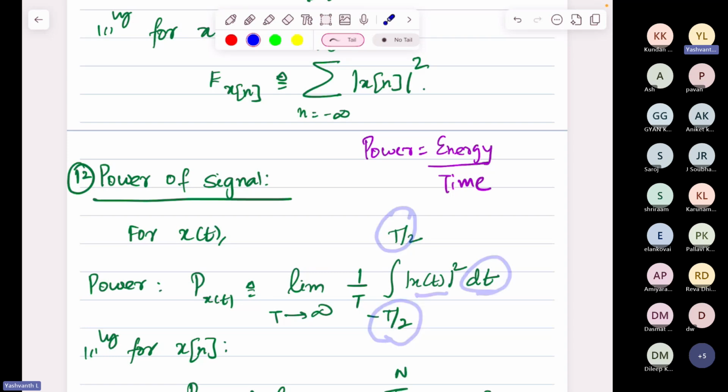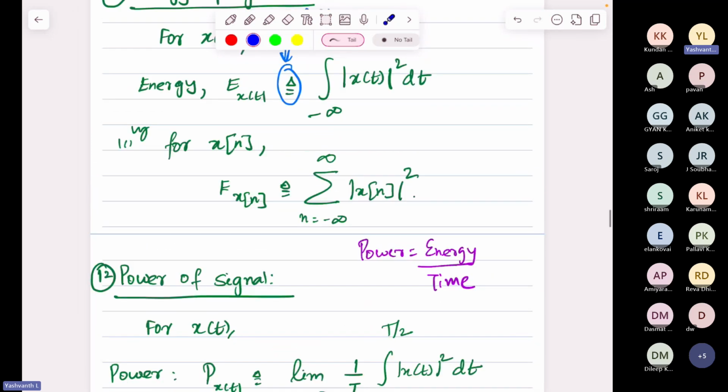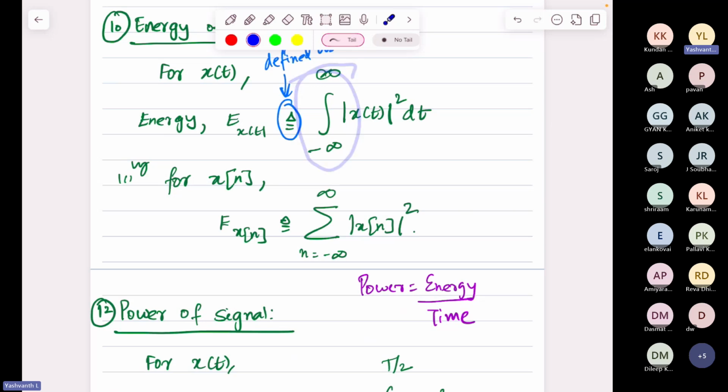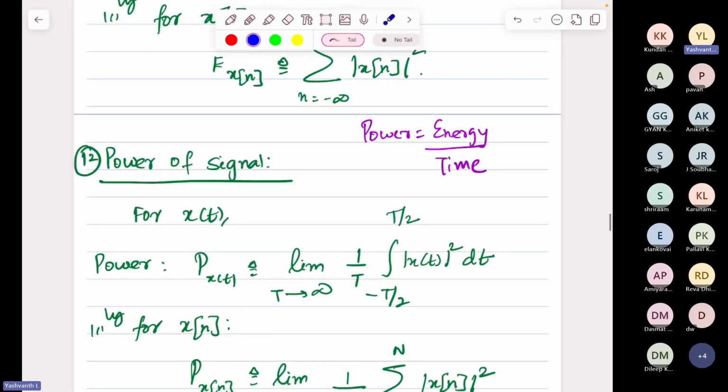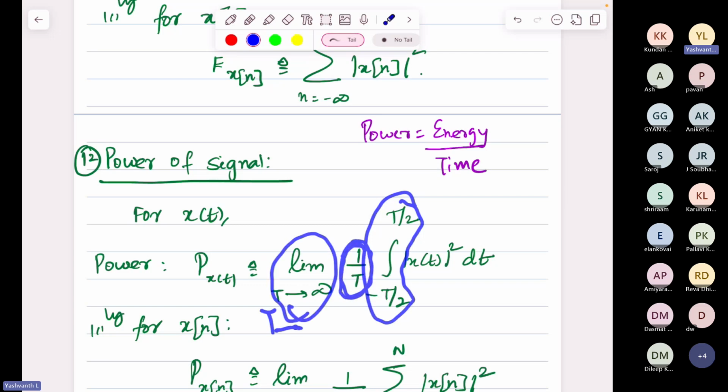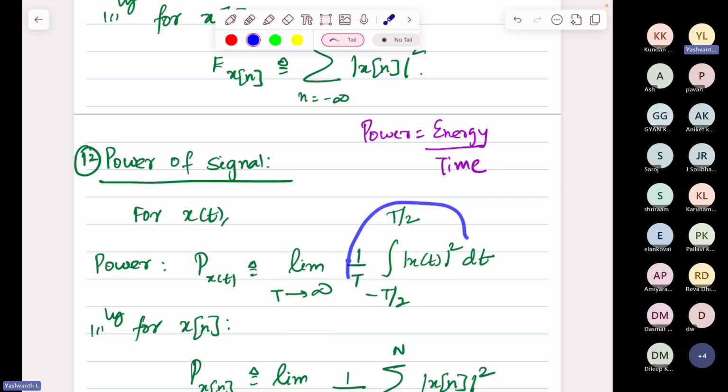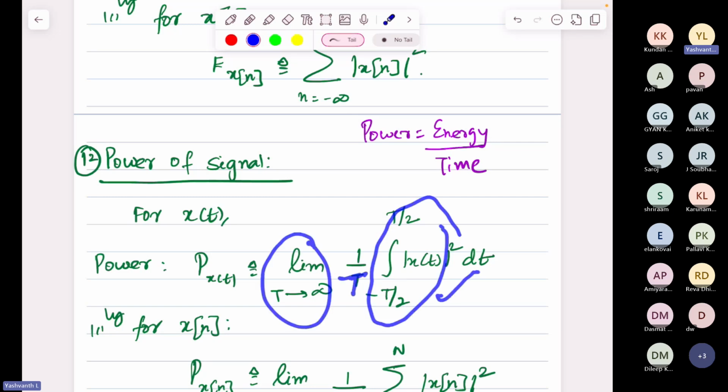That is, the difference from energy, where you just had the integral from minus infinity to plus infinity, is that in power you take a finite range, minus T by 2 to plus T by 2, and you take the average. That is, you divide by the interval length, and then you take T to infinity. That is the main difference. Why? This is because we know that power is equal to energy over time. So you calculate the energy over a finite range, and then you divide by the time over which you have calculated the energy, and then take it over all time.